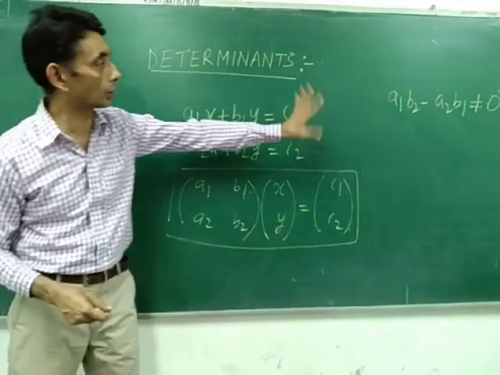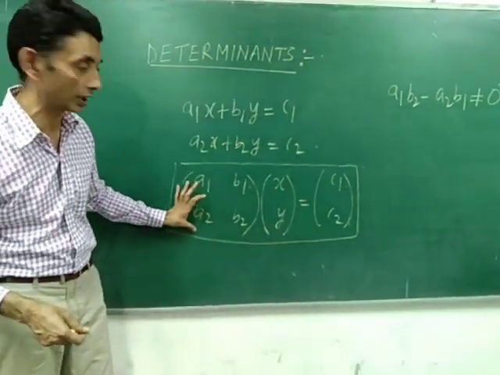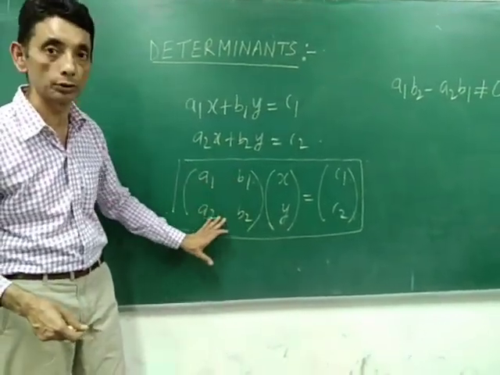Now, this number a1 b2 minus a2 b1 is a very interesting number. This is called the determinant of the matrix a1, b1, a2, b2.